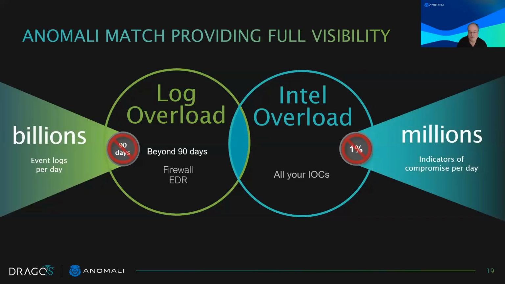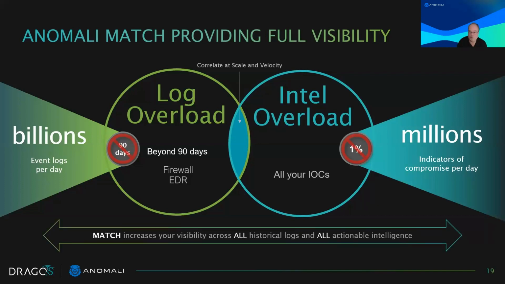The Anomaly Match platform can take it one step further. We can eliminate that 90-day look back, going back years in time, taking all your intelligence and giving you full correlation at scale and velocity. So you increase your visibility across all historical logs and all your actionable intelligence.